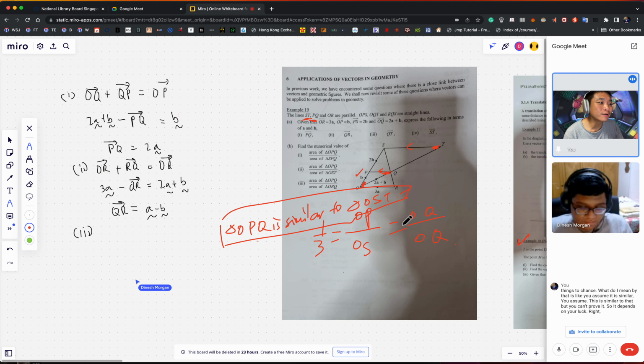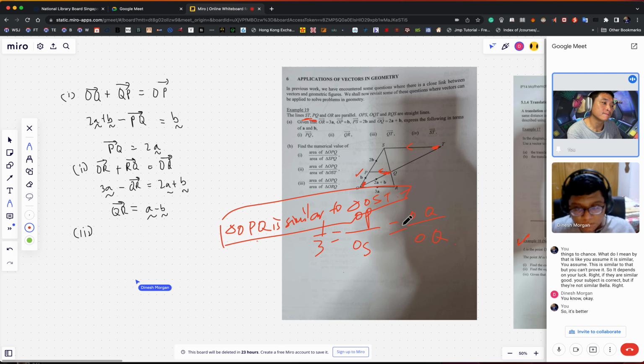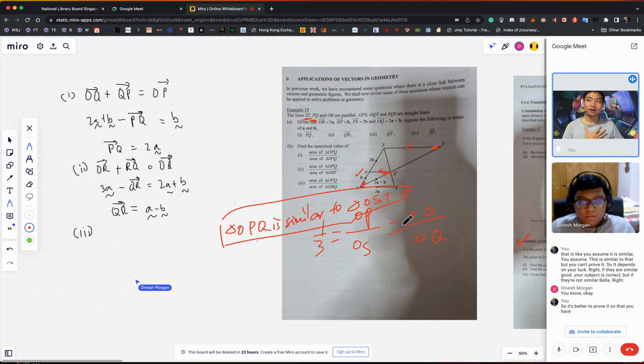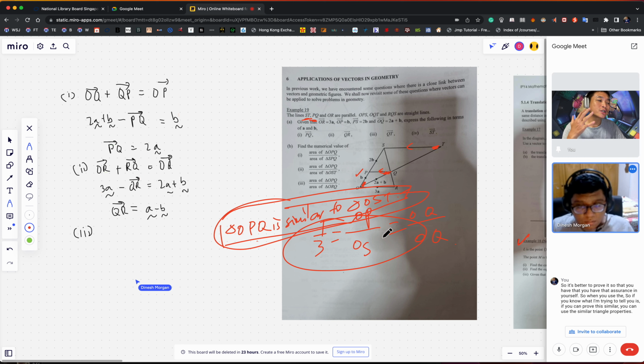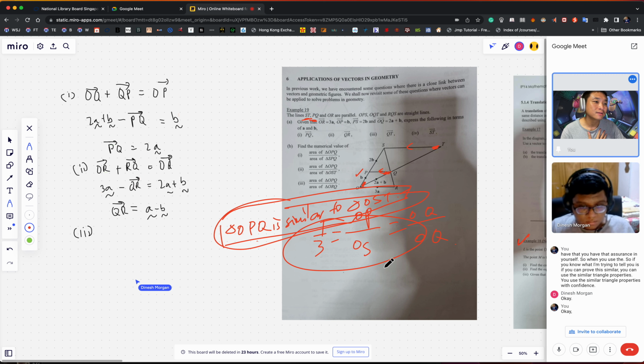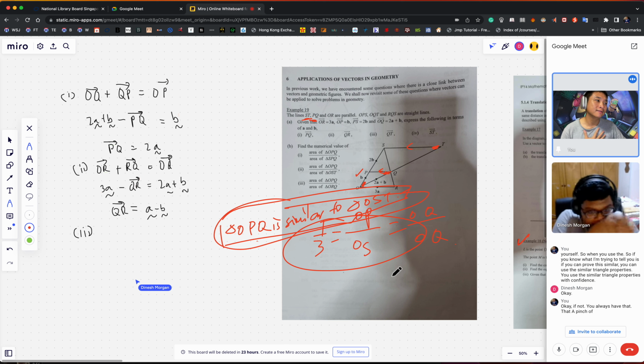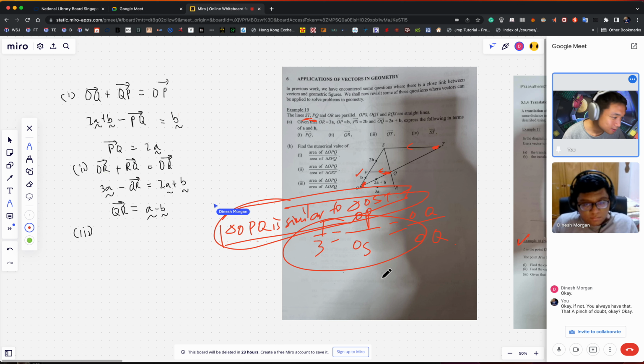If they are similar, good, your assumption is correct. But if they are not similar, bad luck. So it's better to prove it so that you have that assurance in yourself. If you can prove it's similar, you can use the similar triangle properties with confidence. If not, you always have that pinch of doubt.